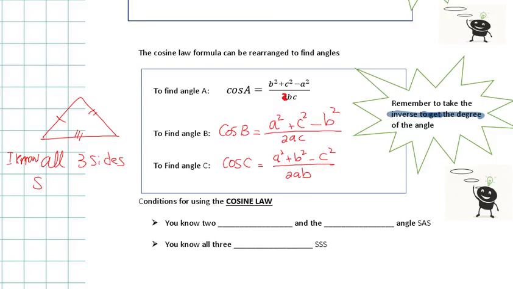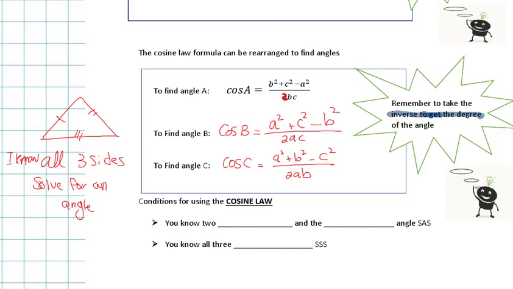And that's why I always say it's easier to tell if it's cosine, because you only have two cases. All three sides, or two sides and the angle between them.